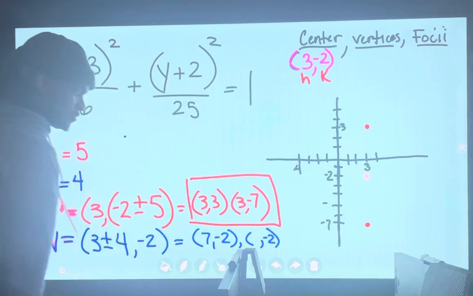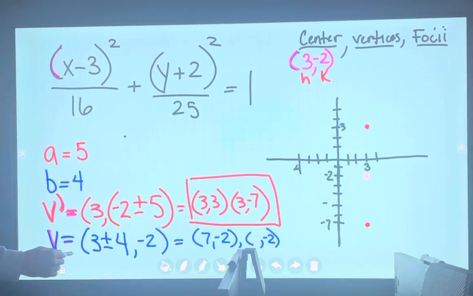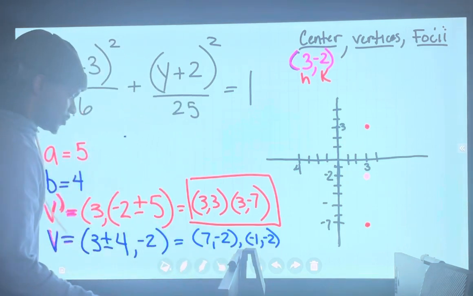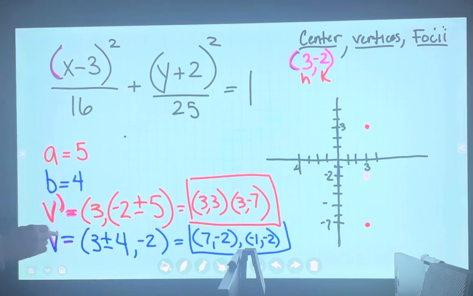You're automatically there. Remember, we're dealing with the x value. So what's 3 minus 4? -1. So your two minor points are 7, -2 and -1, -2.